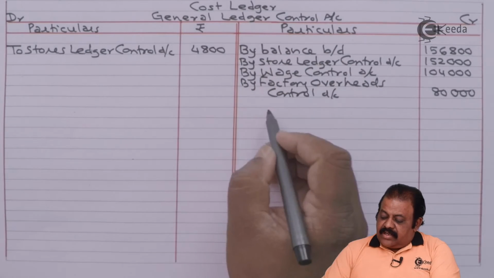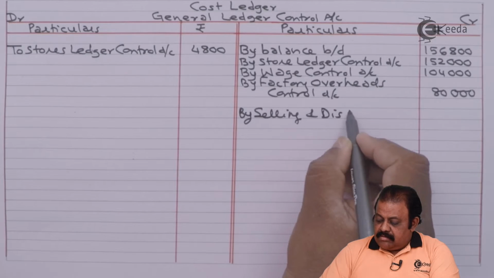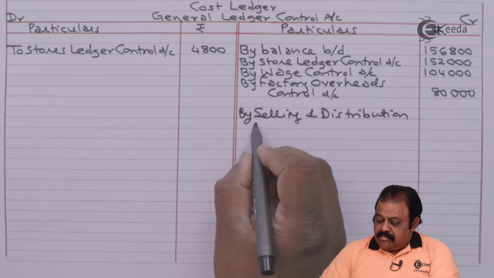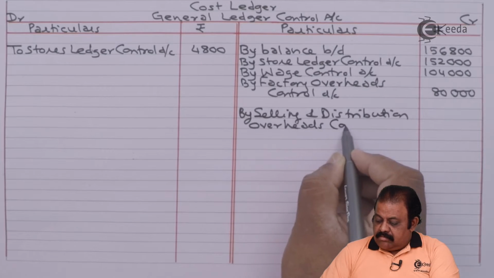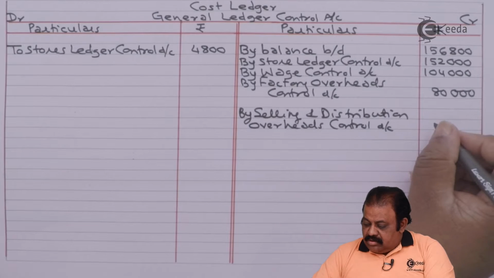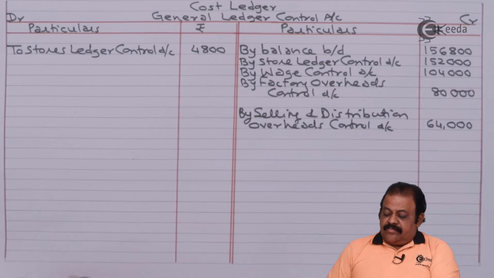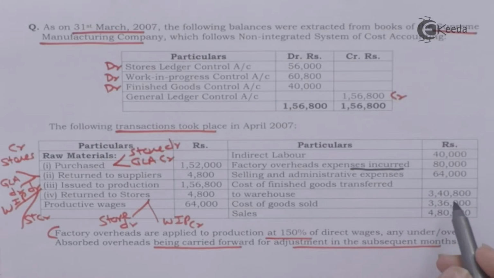In general ledger on credit side, by selling and distribution overheads control account 64,000. Cost of finished goods transferred to warehouse 3,40,800.